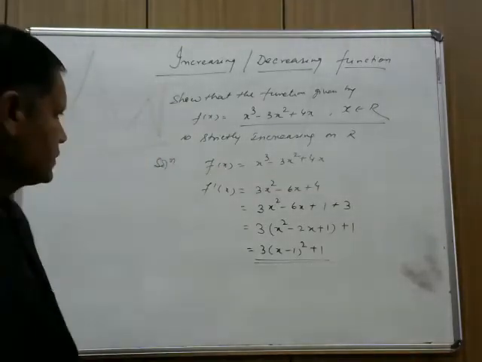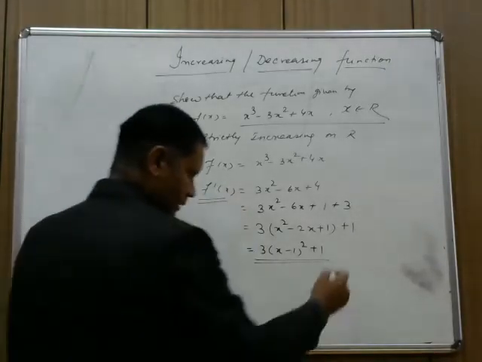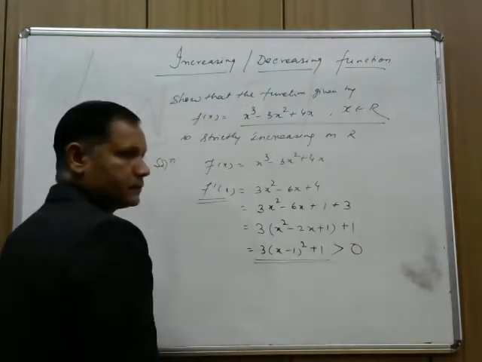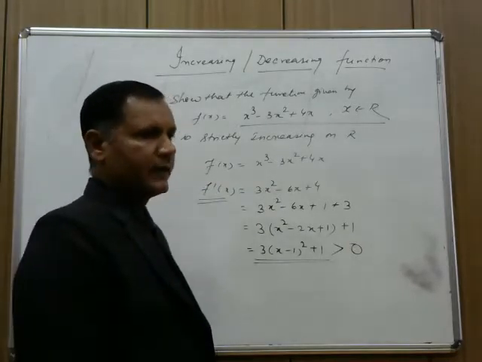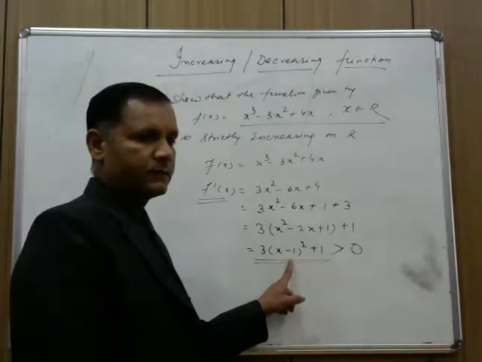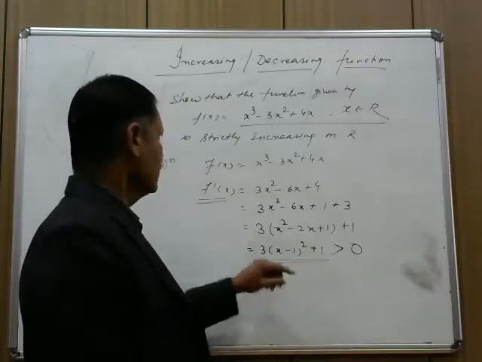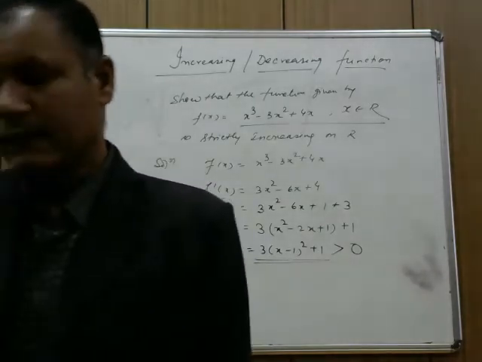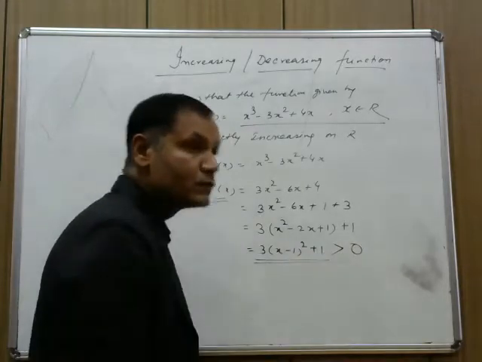Now see, f dash of x is greater than 0 for any value of x, because (x minus 1) whole square will be positive. It cannot be equal to 0 here.